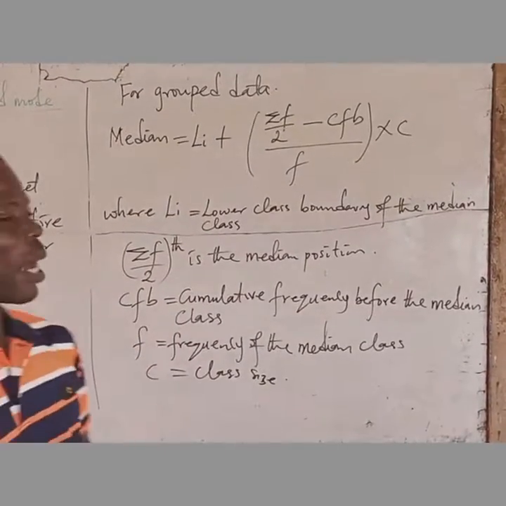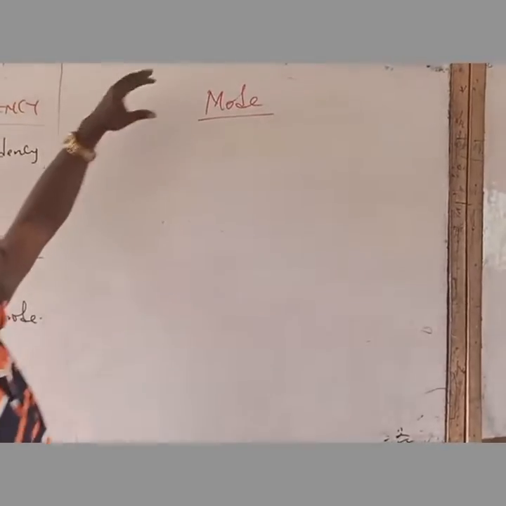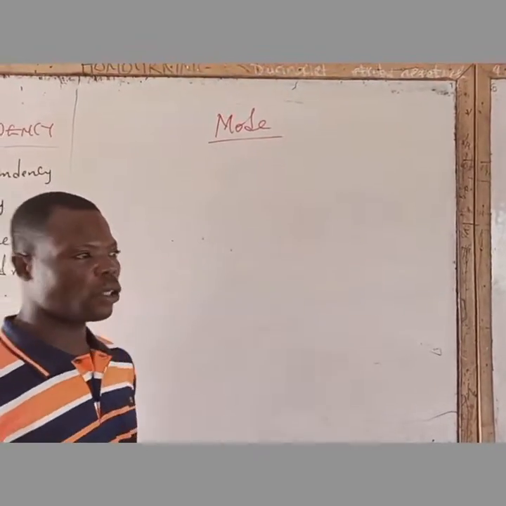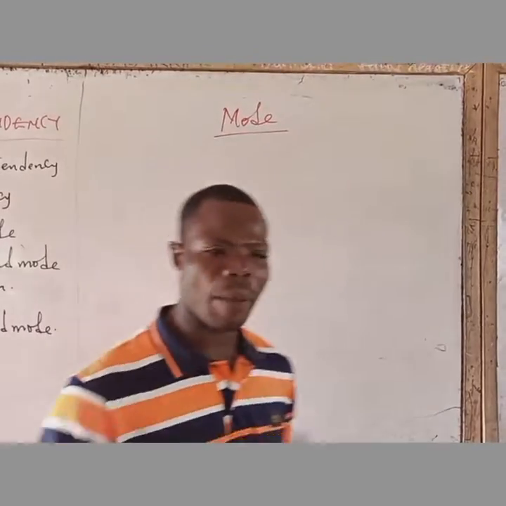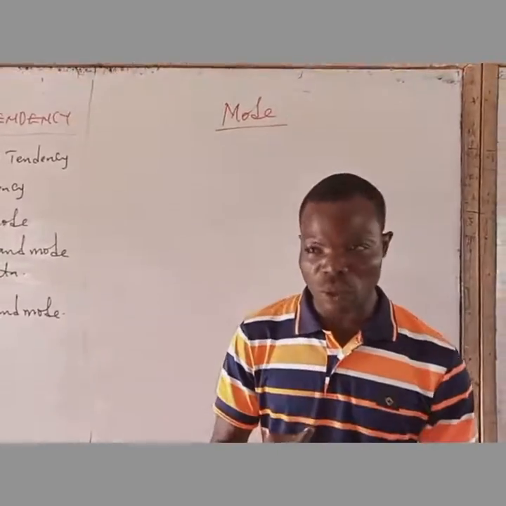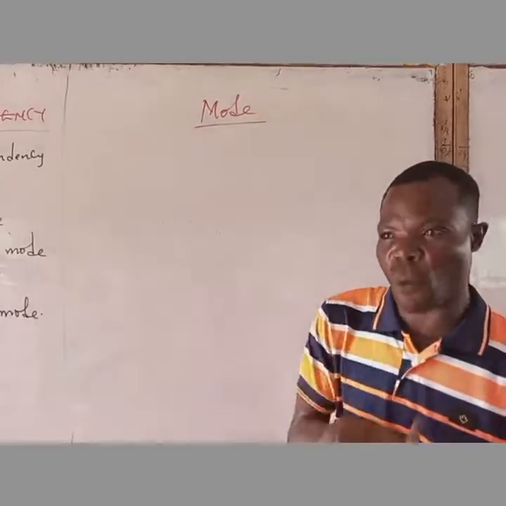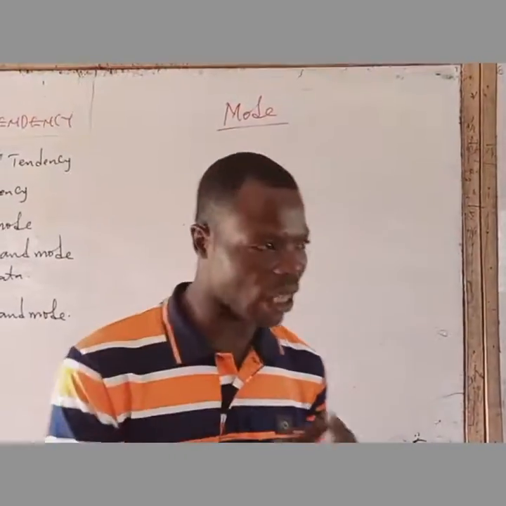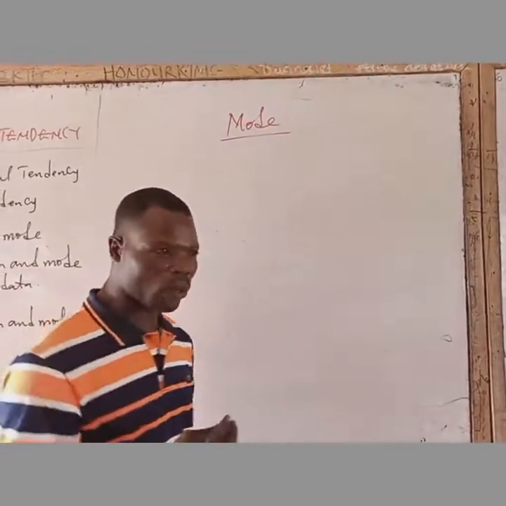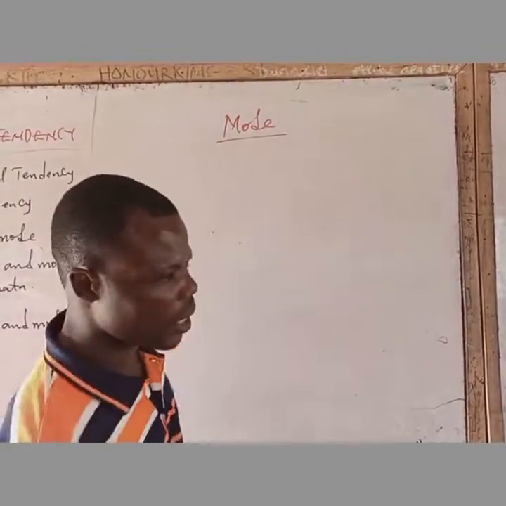So let's quickly look at the last one. The next one is mode. Mode can be defined as the value that occurs most frequently in a given set of data, or mode is the value that has the highest frequency in a given set of data.